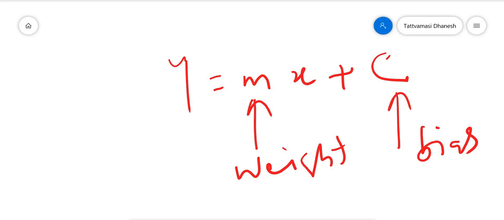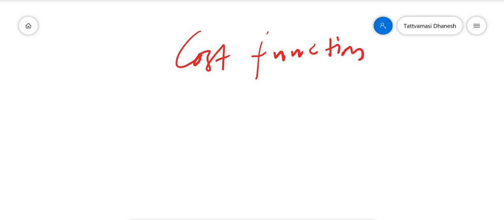And our gradient descent algorithm here we are using to find out the minimum of the cost function. See, how we are minimizing the cost function. Cost function you need to understand. This is really important. Cost function in our case depends on two attributes.